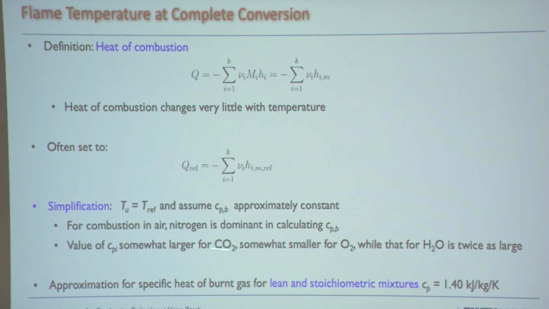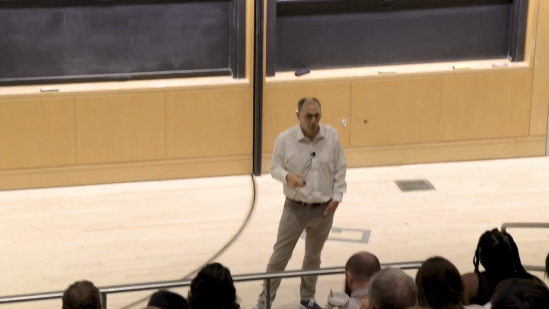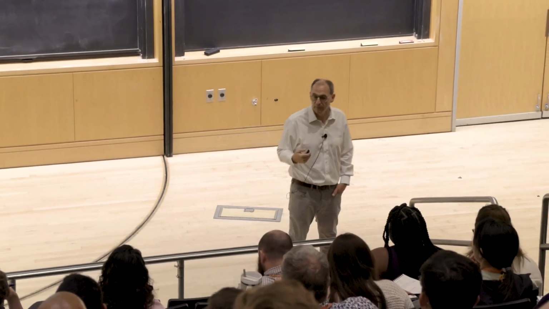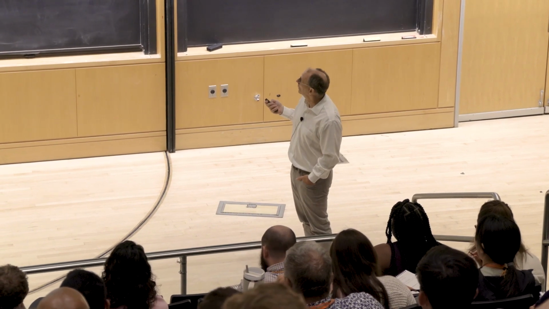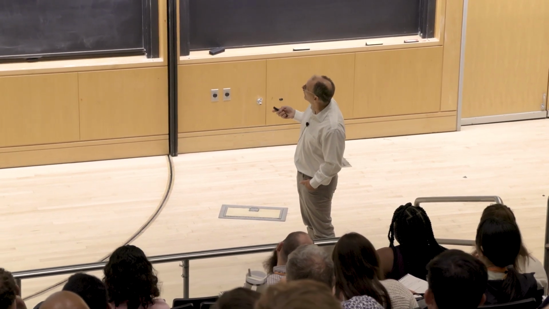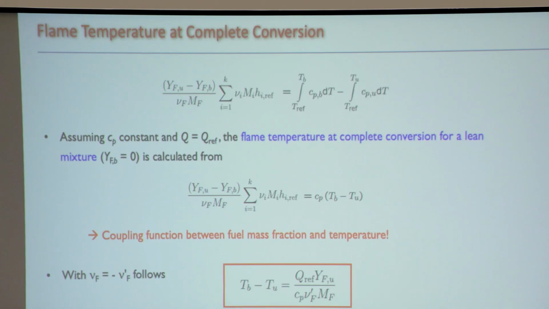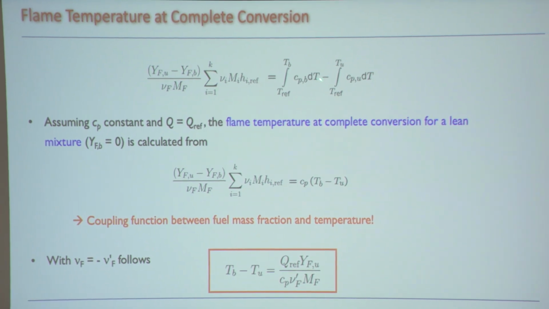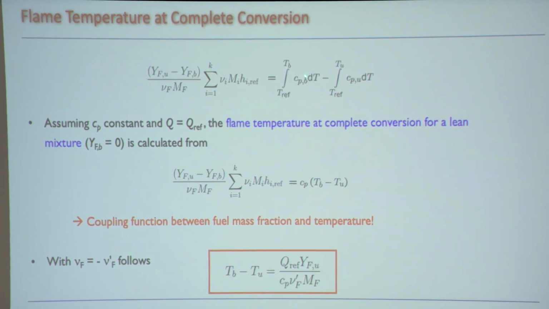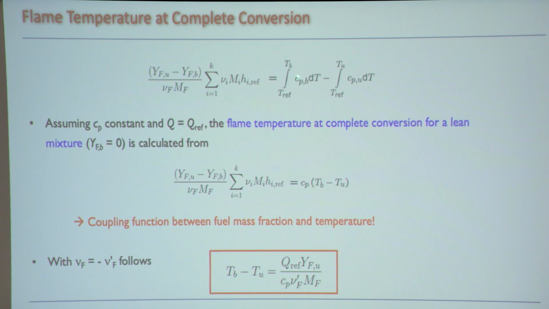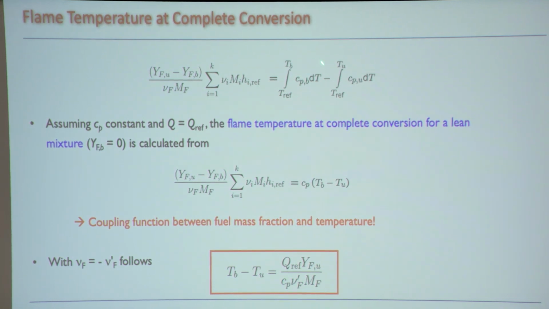There are some arguments for why, but at least for premixed combustion, it's mostly nitrogen anyways. And so we want to say Cp is 1.4. If the Cp's are constant, I can integrate the right-hand side. I just get Cp times Tb minus Tref minus Tu plus Tref.